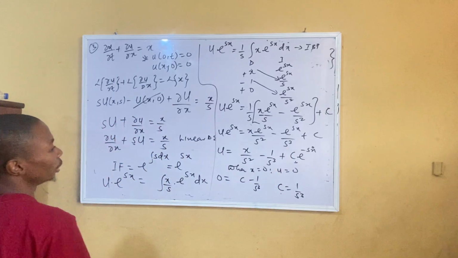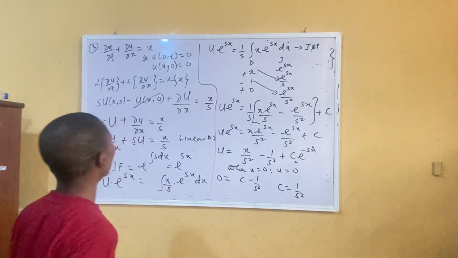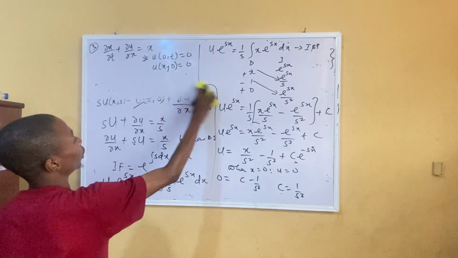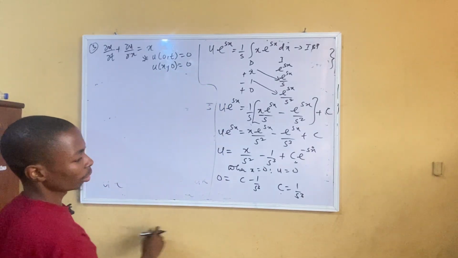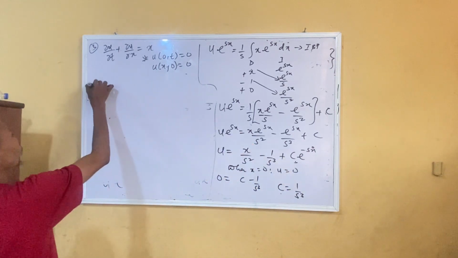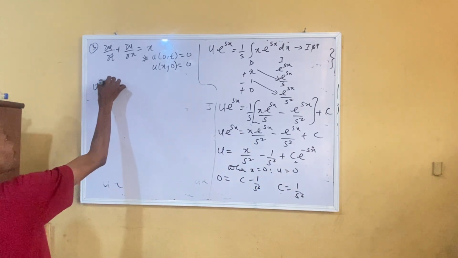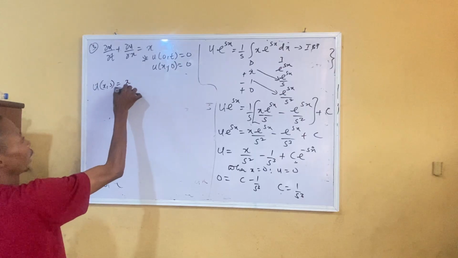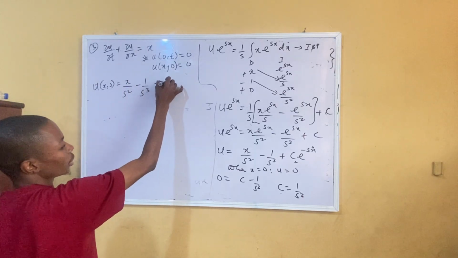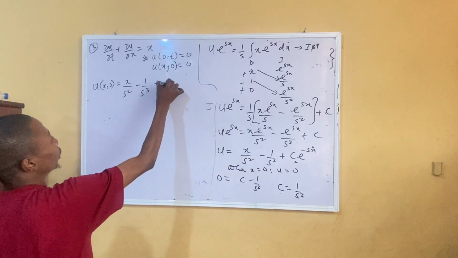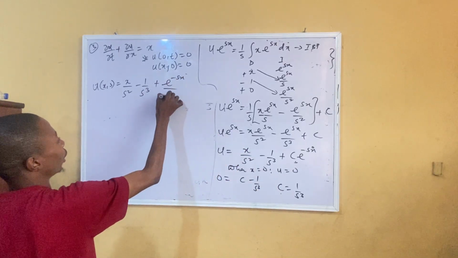So now return it back to the solution and then take the inverse Laplace. Because this is first order, it's not big. So u of x comma s you get is equal to x over s squared minus 1 over s cubed plus c. c is 1 over s cubed, all right? e to the minus xs over s cubed.